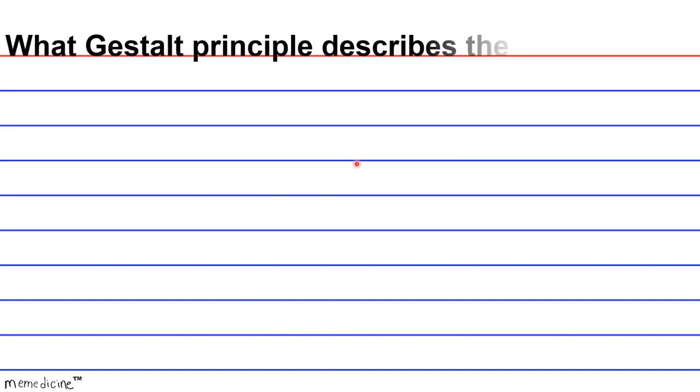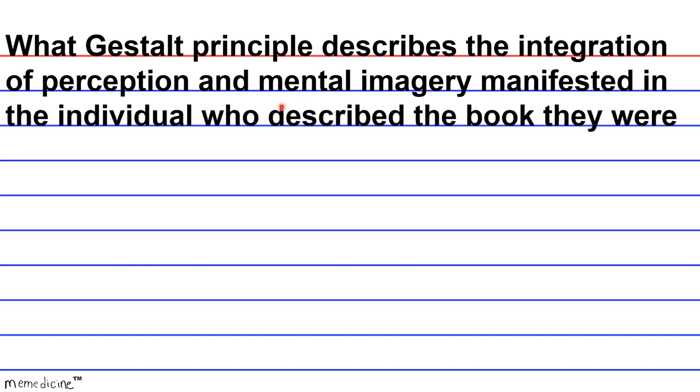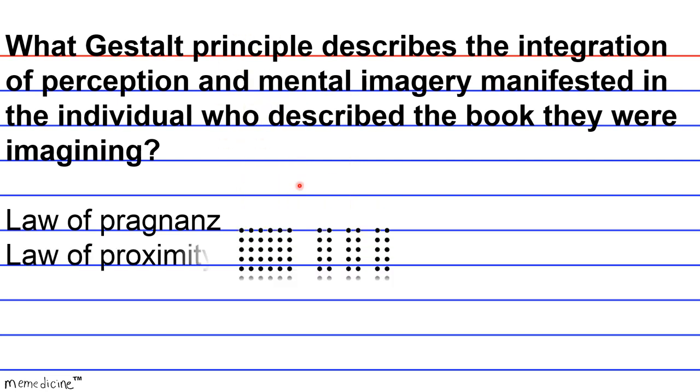All right, so for the final question, the fifth question, what Gestalt principle, or Gestalt, I'm not really sure how to pronounce this, if you know, please let me know, describes the integration of perception and mental imagery manifested in the individual who described the book they were imagining? Is it A, the law of pragnanz, like all these little tiny things coming together in a figure that you recognize as something else?